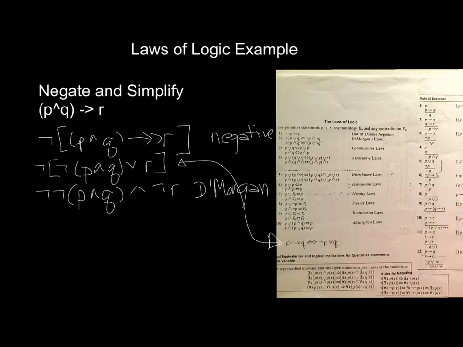So here we've used De Morgan. And now we can use our law of double negation to simplify this statement. So I'm going to get P or Q or not R. And this, of course, is double negation.